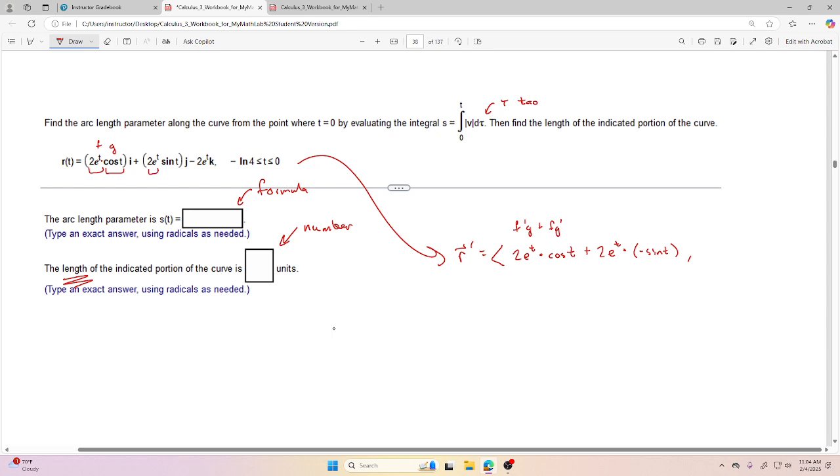Same with this. I'm going to group the 2 with the e thing. So the derivative of e to the t is e to the t. No changes there. And then leave it alone, and then take the derivative of sine goes to cosine, yeah, regular old cosine. And then this guy here, I think it's just the same.